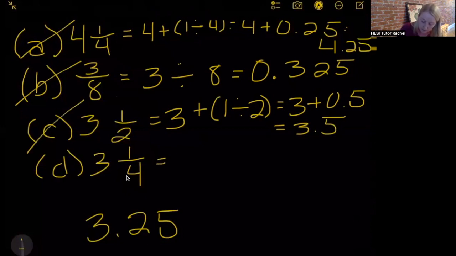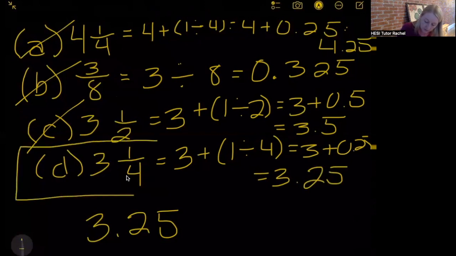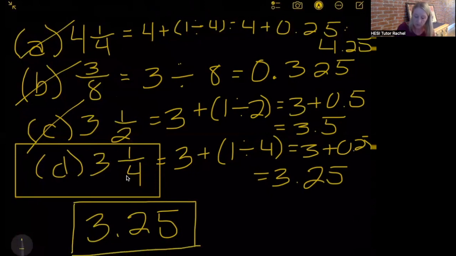And hopefully the last one works because it's the only one we have left. 3 plus 1 divided by 4, so 3 plus 0.25 equals 3.25, and that is your correct answer. So 3 1/4 is the fraction equivalent to 3.25. Those are the same mathematically, and D is your correct answer.